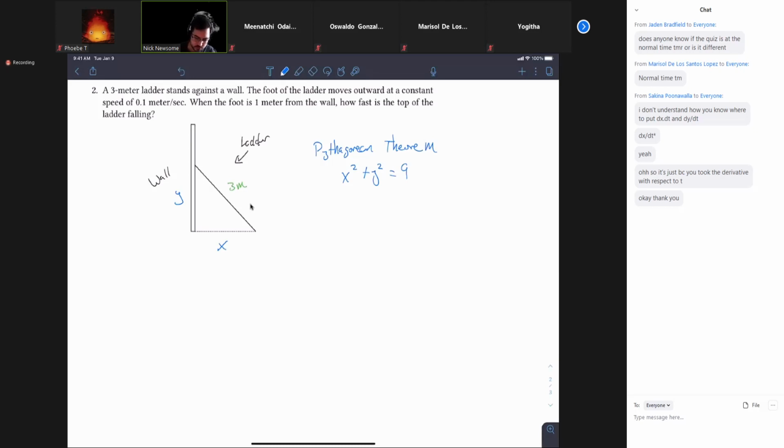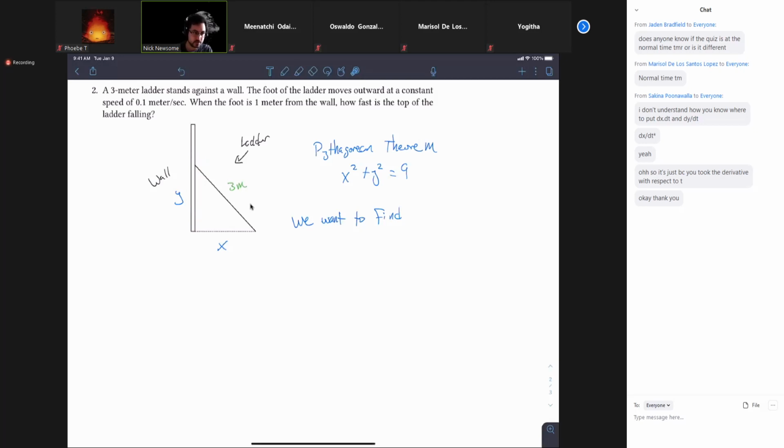We want to figure out how fast the top of the ladder is falling. So what are we looking for?